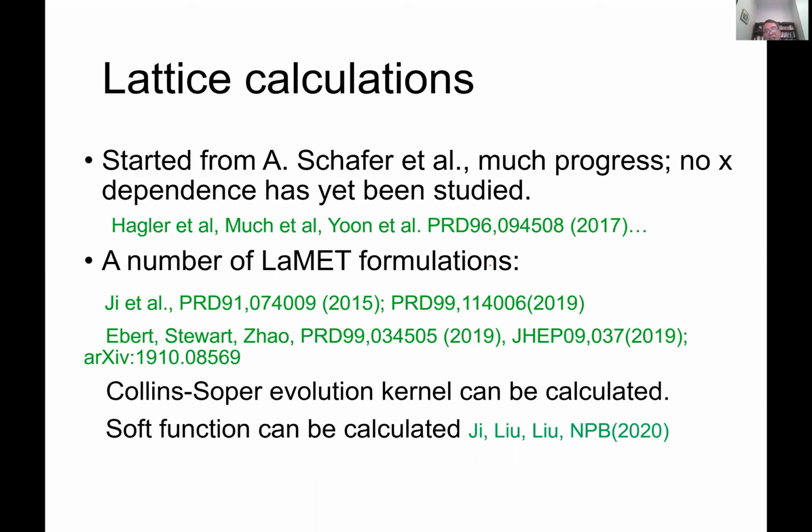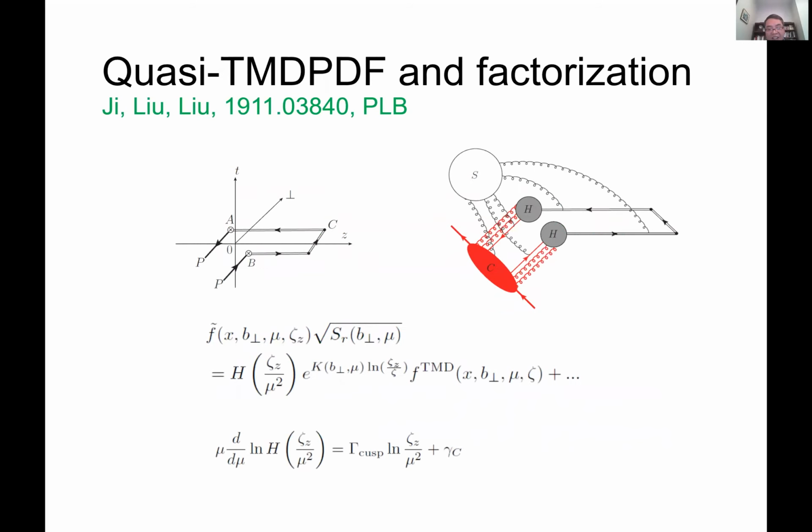LaMET formulations are mainly done by a group at MIT and also my collaborators. People discovered that the Collins-Soper evolution kernel, in this case related to rapidity evolution, can actually be calculated non-perturbatively. And my collaborators have found that the soft functions, key ingredients in this, can be calculated.